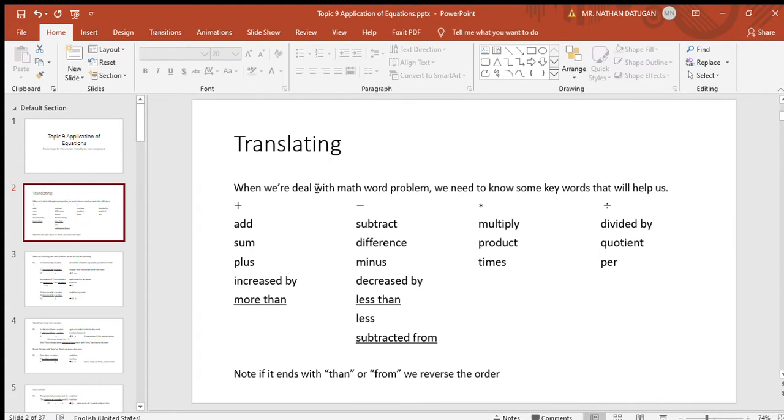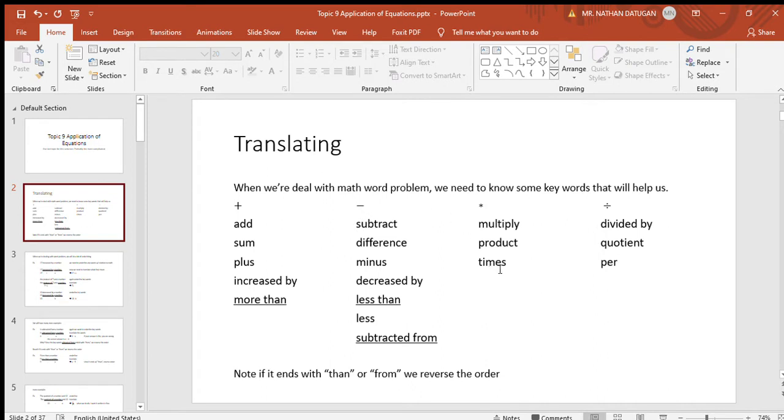So to do that, we need to know some keywords. In math, there are keywords that indicate certain operations, such as add, sum, plus, increase by, more than, which typically indicates addition. Subtract, difference, minus, decreased by, less than, less, subtracted from typically says that we're going to do some subtractions.